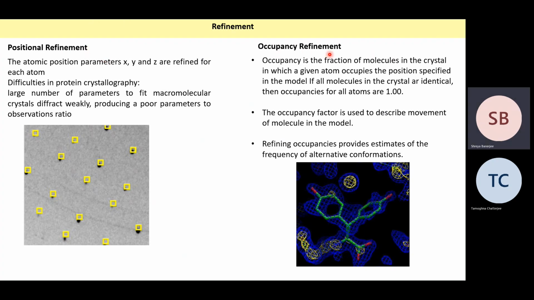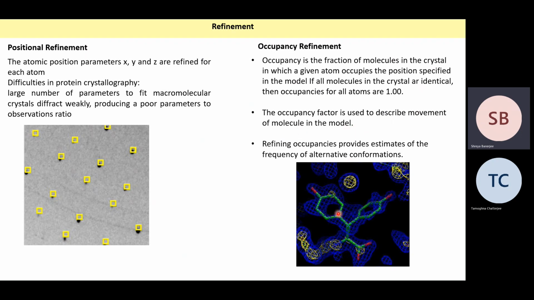Another kind of refinement is the occupancy refinement. Occupancy is the fraction of molecules in the crystal in which a given atom occupies the position specified in the model. Suppose the occupancy of a certain position is 50%. So the atom will exist in that position only 50% of the time. So occupancy is a measure of the movement of the molecule in the model.